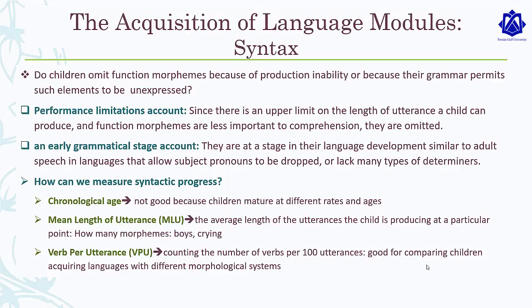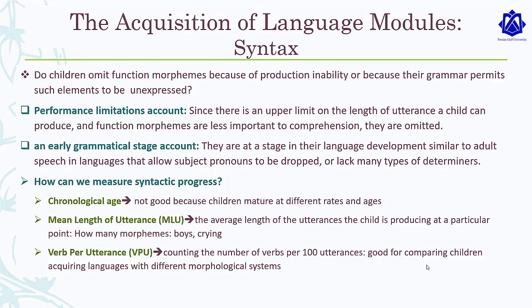So they would make a recording of the utterances that they would produce, for example, at age 2 and 5 months, and they would count the morphemes in each utterance, and they would divide it by the number of utterances that they have produced in order to arrive at mean length of utterances.